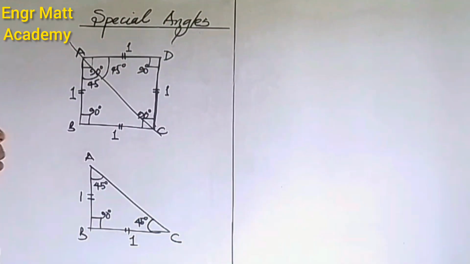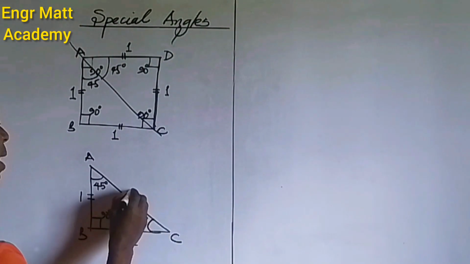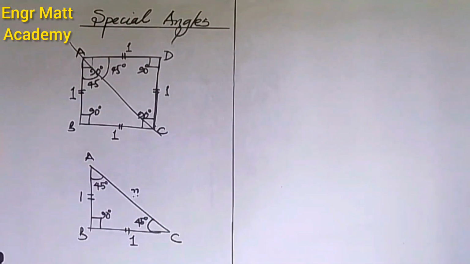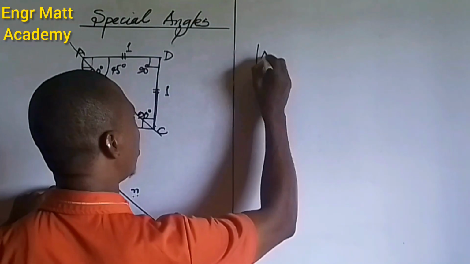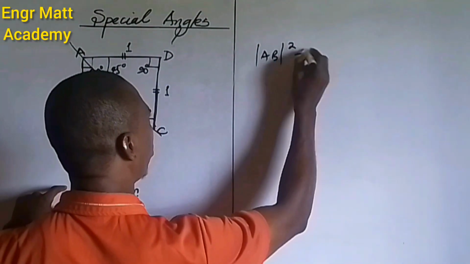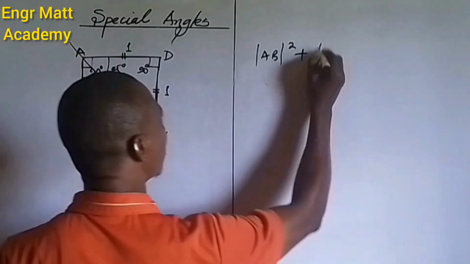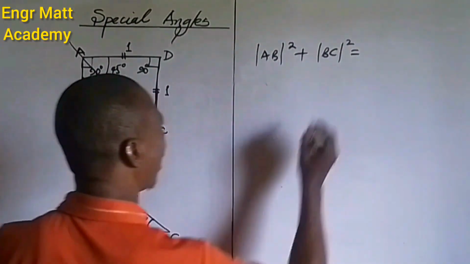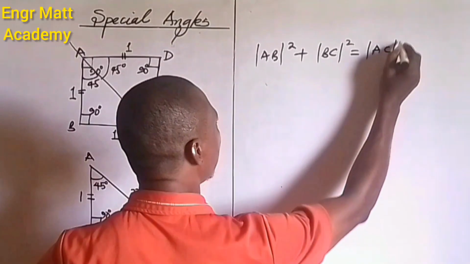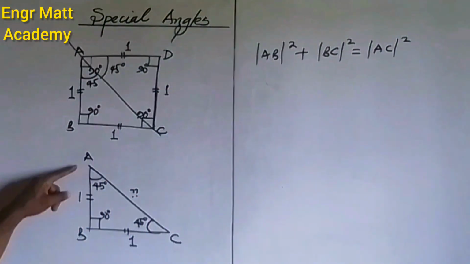So AB now 1, BC na 1. What of AC? What will be the length of AC? We don't know am yet. So we go use Pythagoras rule. Side AB squared plus side BC squared is equal to side AC squared. What will be AB?